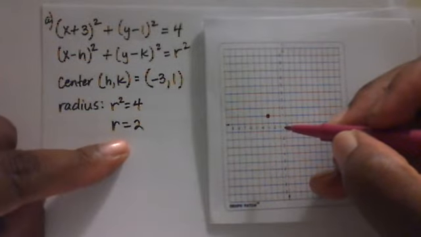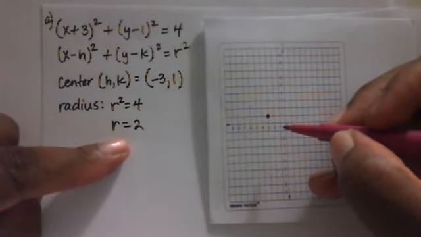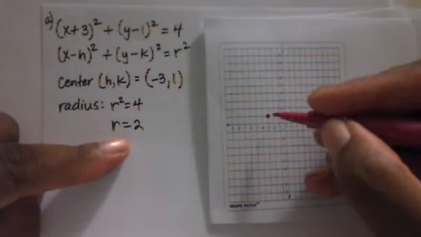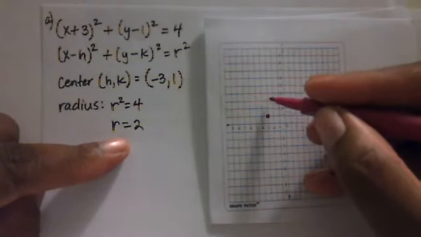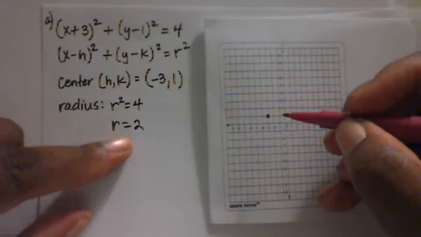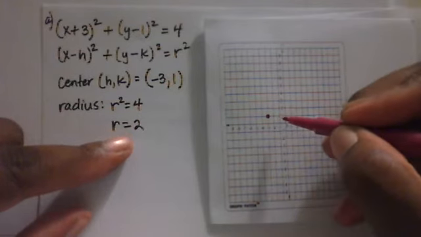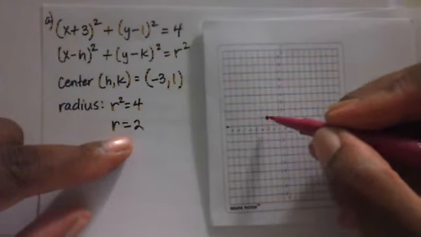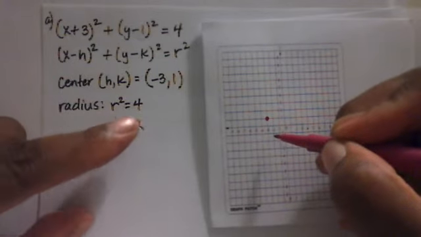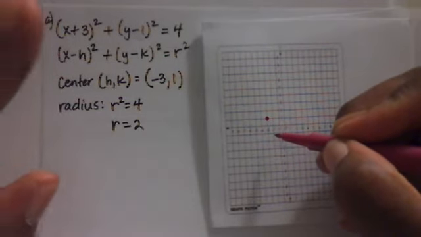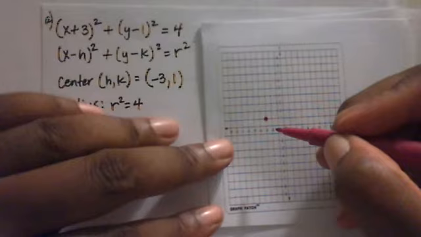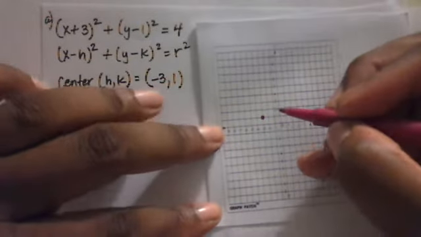The radius is 2. In this case, the radius is always going to be the distance from the center of the circle to a point on the circle. So that means we go to the right, to the left, up, and down 2 places, because the radius is 2. Because that's where we're going to get our points that will be on the circle.